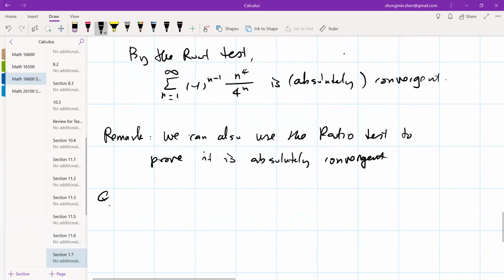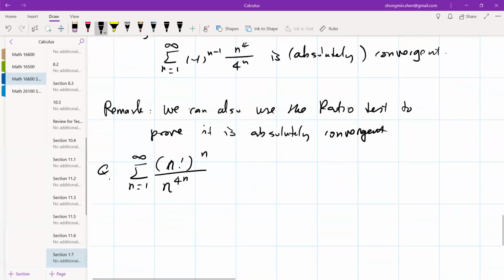There are some examples where you have to use a root test, such as this example: n factorial to the nth power over n to the 4n. In this case, we really should use a root test because there's an nth power here.